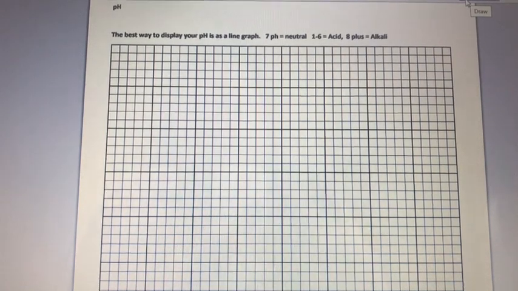So using the data that we've just collected from doing our pH test, we're going to try and draw a line graph, but rather than having a straightforward axis, we're going to try and do a t-axis. So what that means is we're going to have a line in the middle, and this is actually going to represent distance. So I'm going to put D for distance, and here we're going to have our transecting line.